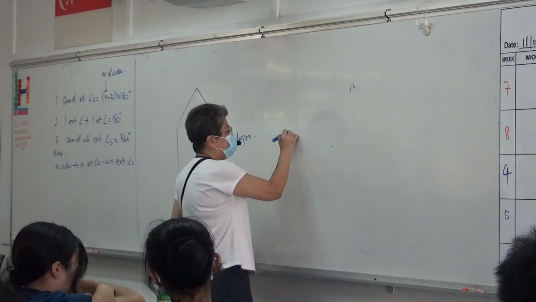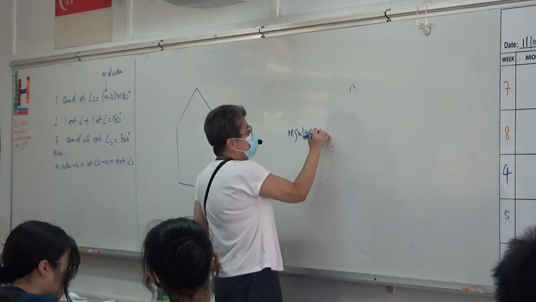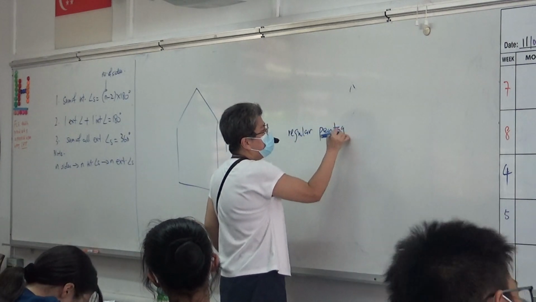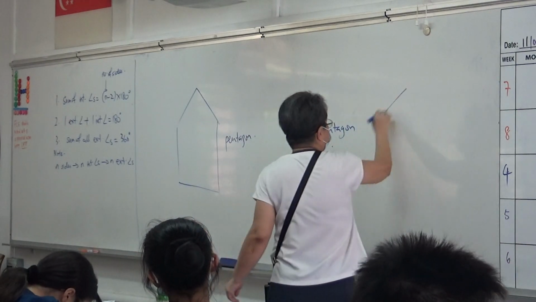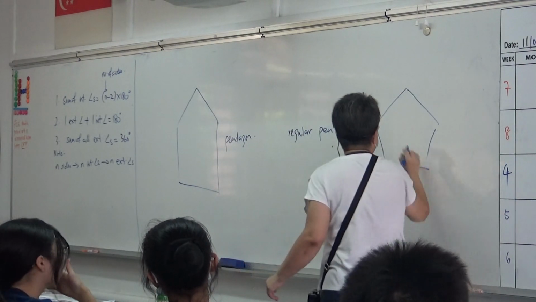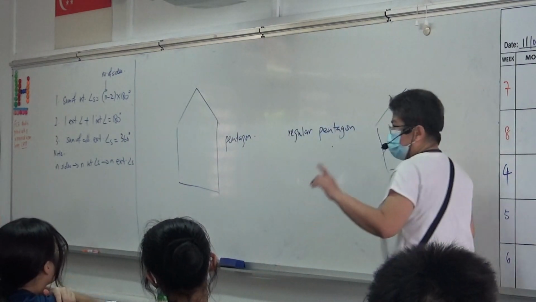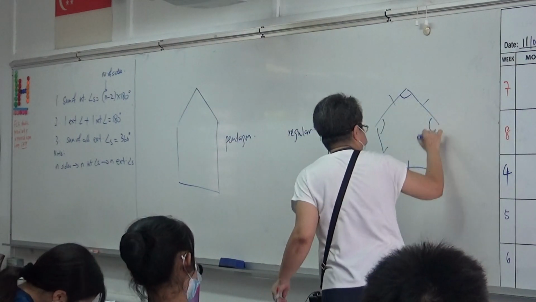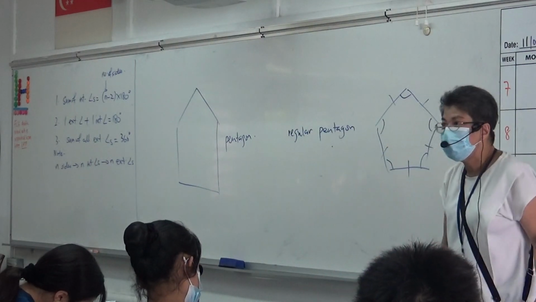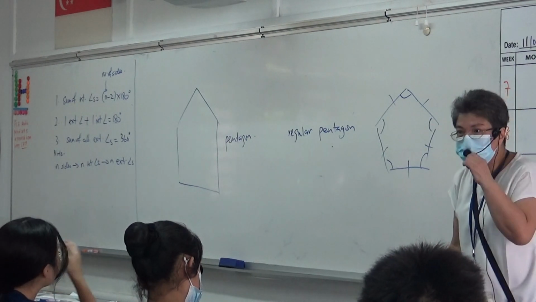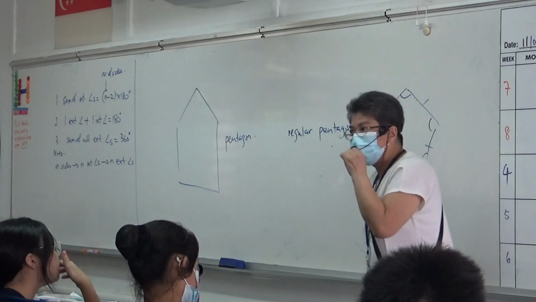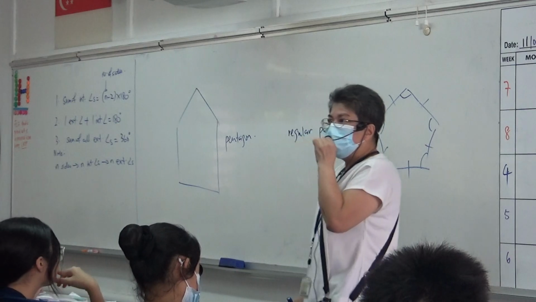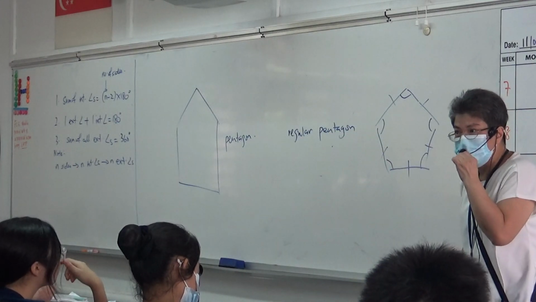Okay. What do you mean by a regular pentagon? Regular means all the 5 sides must be the same, and all the 5 angles must be the same. Regular means all the 5 sides must be the same, all the interior angles must be the same.